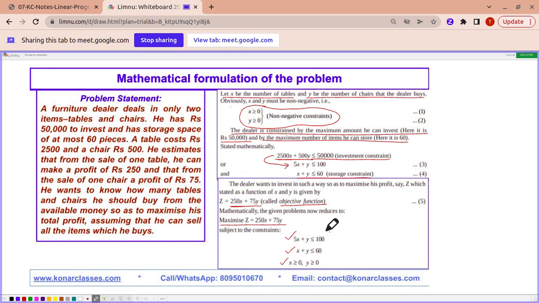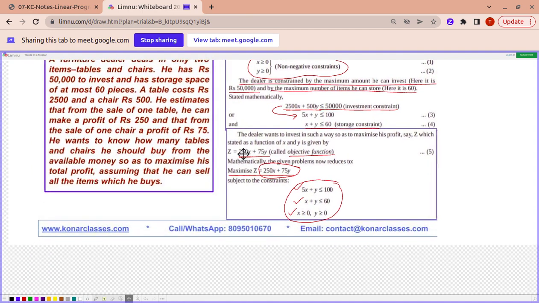So, subject to all these three constraints, our target is to find the maximum value of 250x plus 75y, and that is the linear programming problem. I hope so far it is absolutely clear. Now, let me go to the next slide.